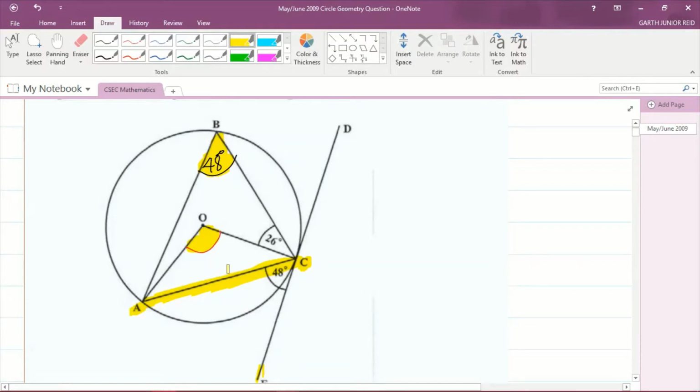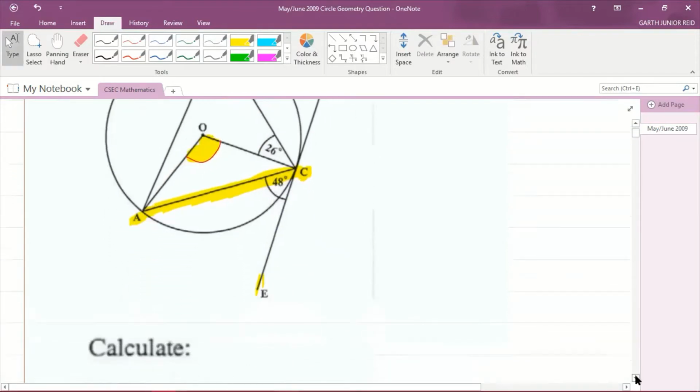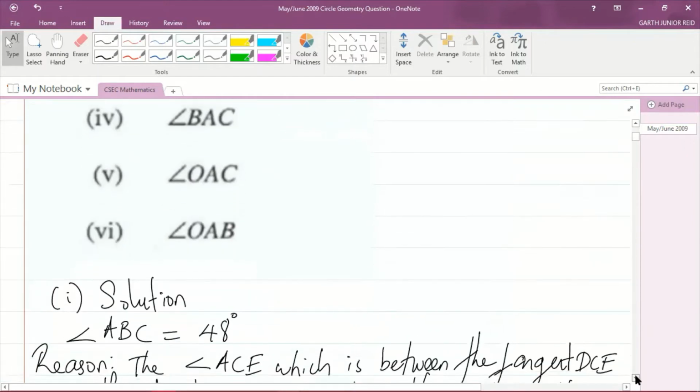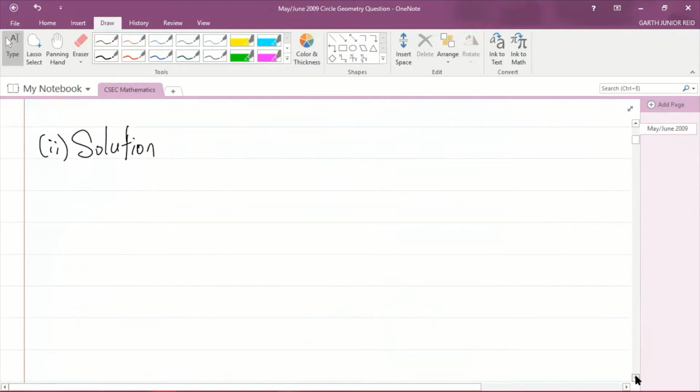Whenever that is the case, the angle at the center, which is the angle AOC, is going to be equal to 2 times the angle at the circumference here, which is the 48 degrees, that is the angle ABC. So I can now come down here in my solution and say that the angle AOC is equal to 2 times the angle at the circumference ABC.